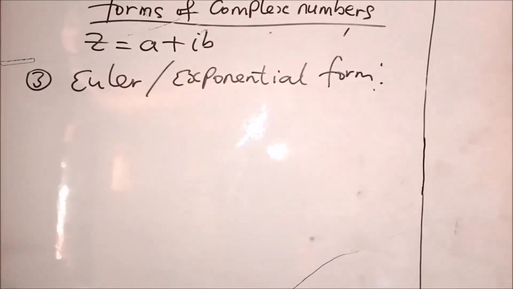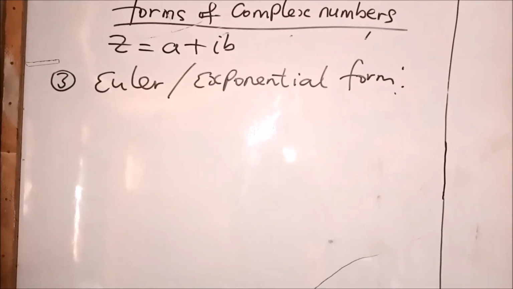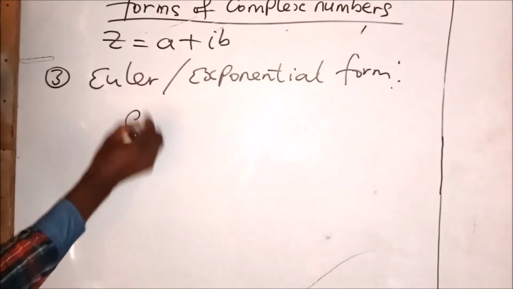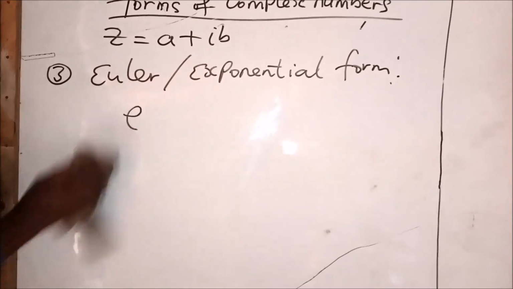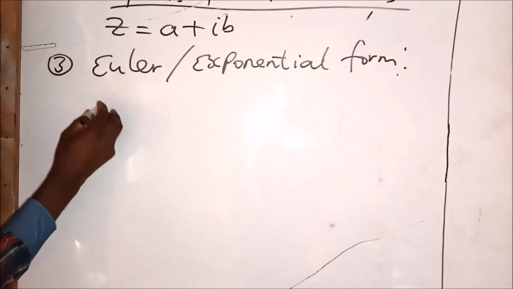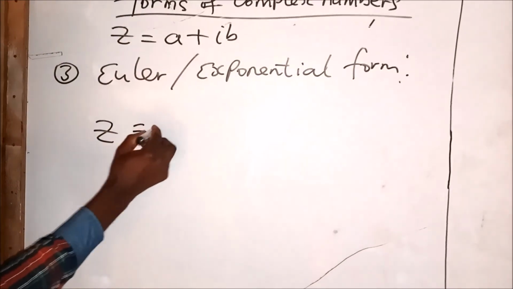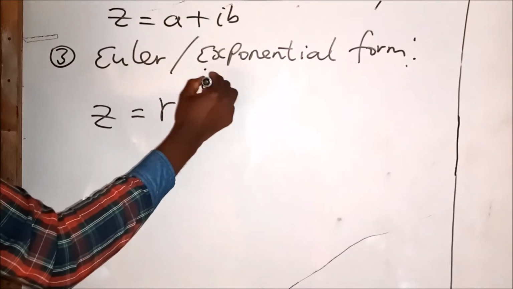This is the third type or third form of a complex number. Now, in this particular exponential form, we are going to make use of the exponential function in that particular complex number. That means the Euler form is going to give us z equal to r exponential i theta.